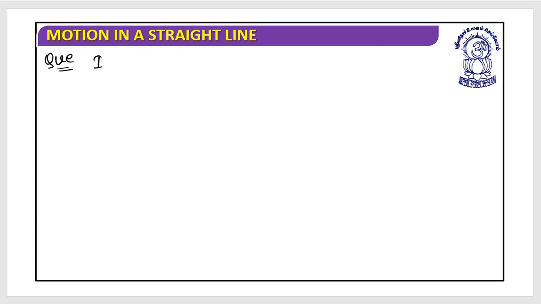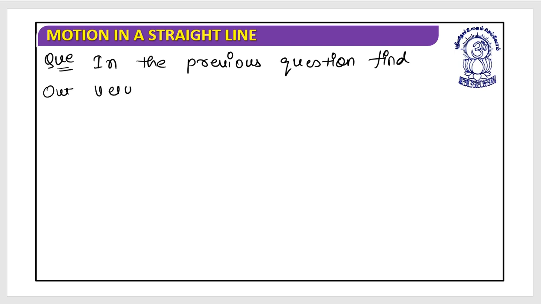If they ask in the previous question to find out the velocity of projection of each ball, with what velocity he must be throwing the ball into the air so that this can happen.